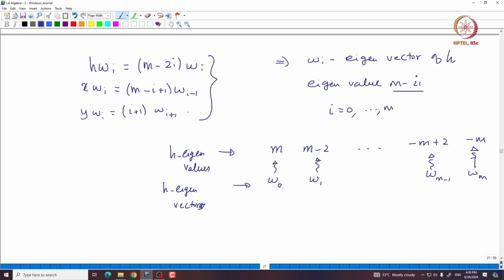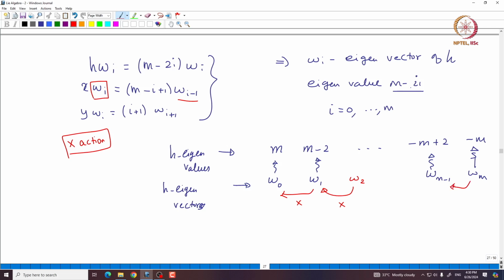Now, using this formula one can see the X action. It pushes w_i down one step. If I apply X on w_1, then it takes us here. Similarly, on w_2, if we apply it, then it takes us here, and so on.